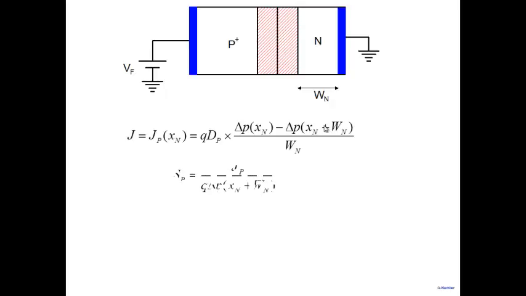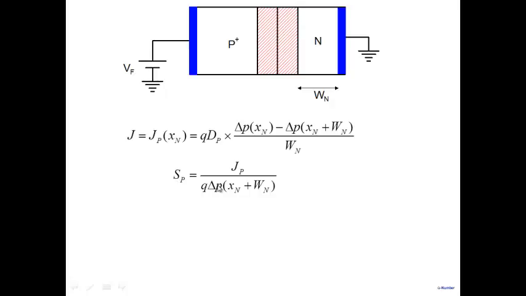This is where we bring in the property of the contact. The contact says that Sp, the surface recombination velocity, is equal to Jp over q delta p at the contact, delta p at xn plus Wn. So that's the property of the contact.